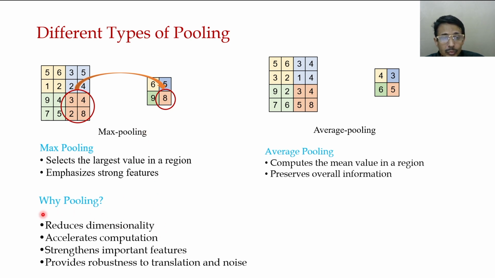And what is the effect of reducing dimensionality? The computational cost becomes less, so it accelerates computation. And definitely max pooling strengthens the important features over the other responses and provides robustness to translation and noise.